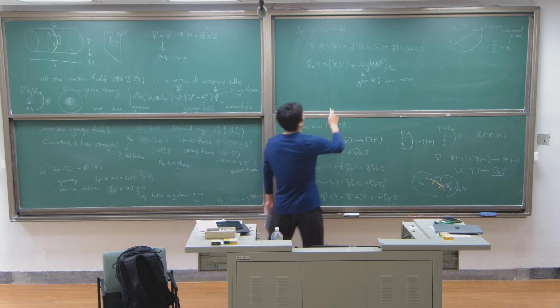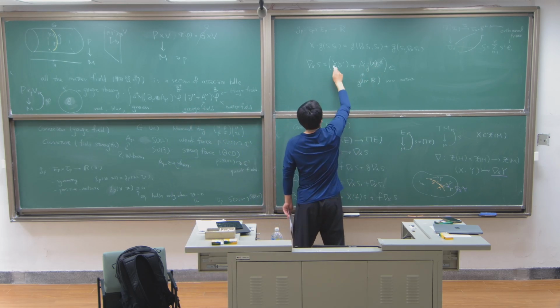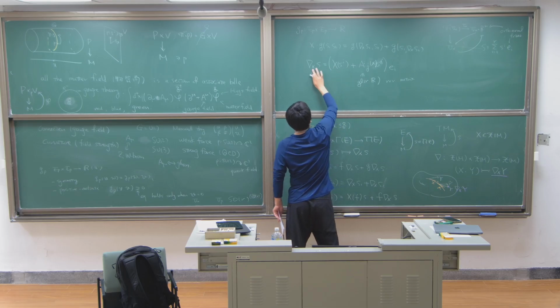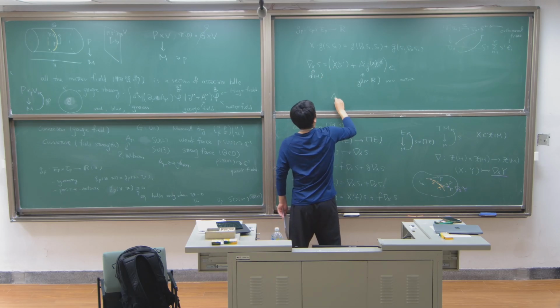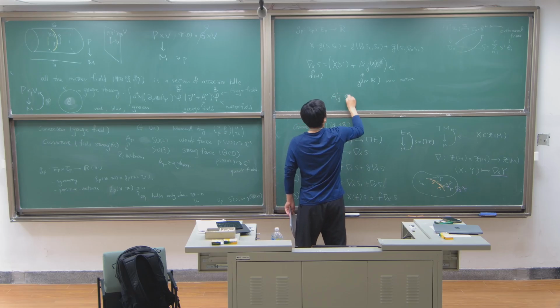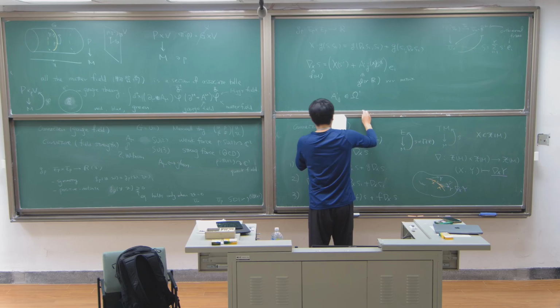Now for this A_ij, A_ij pairing with X, where X is a vector field, the A_ij is indeed in Omega^1.